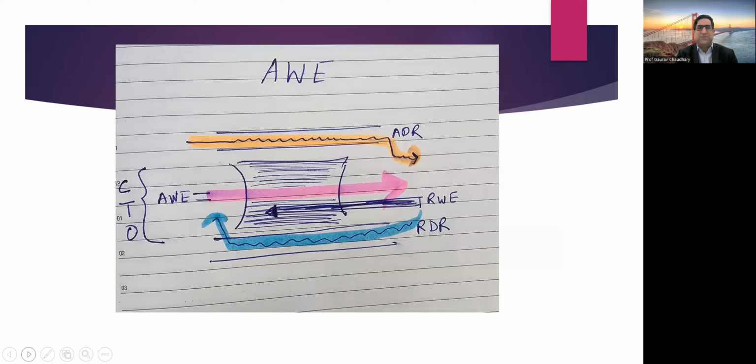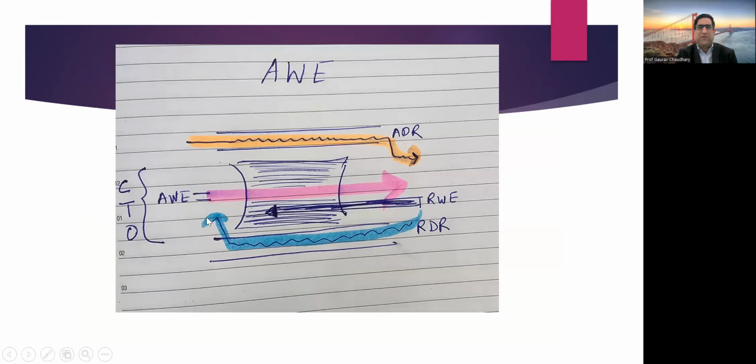So the most important thing, the backbone of opening a CTO antegradely, is the antegrade wire escalation. In this picture, you can see the three most important things that we can analyze.